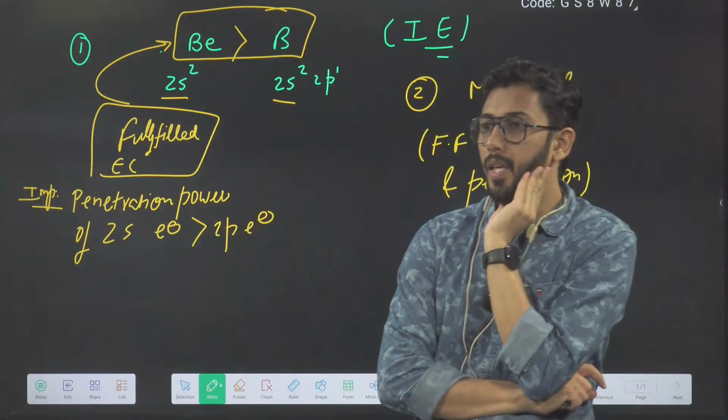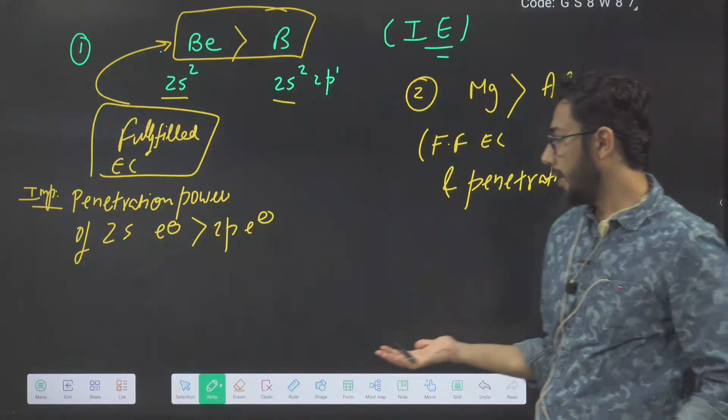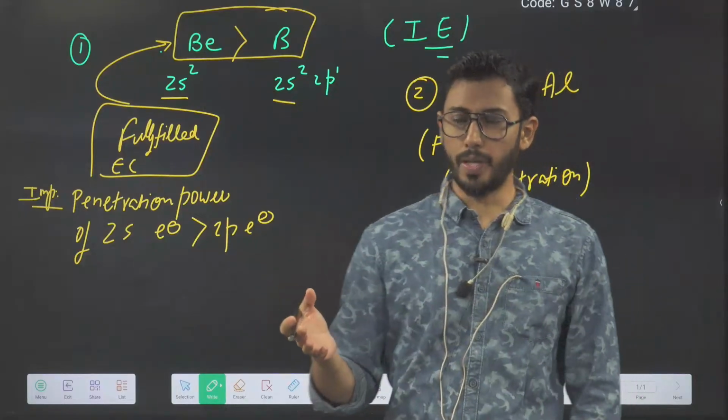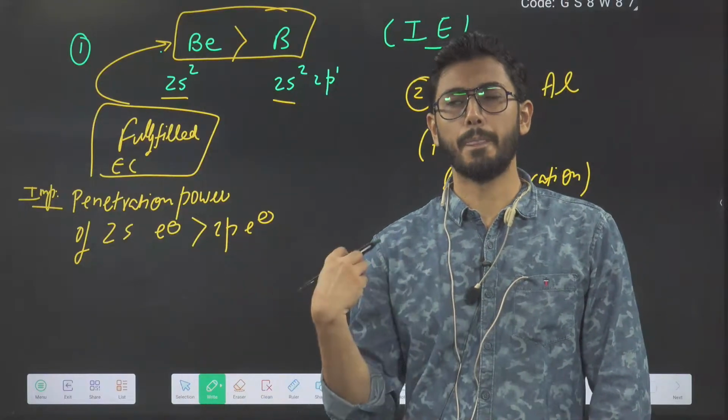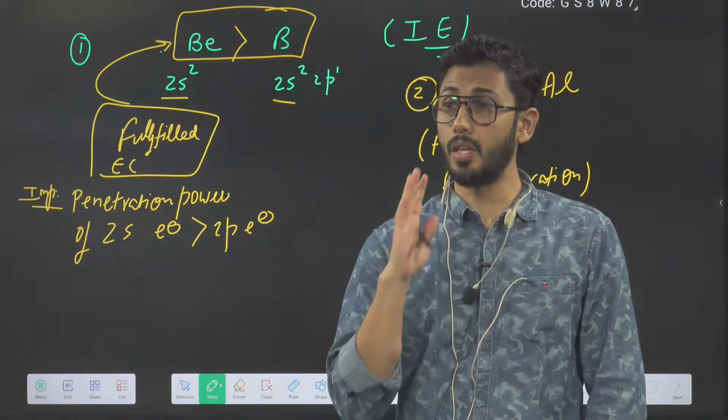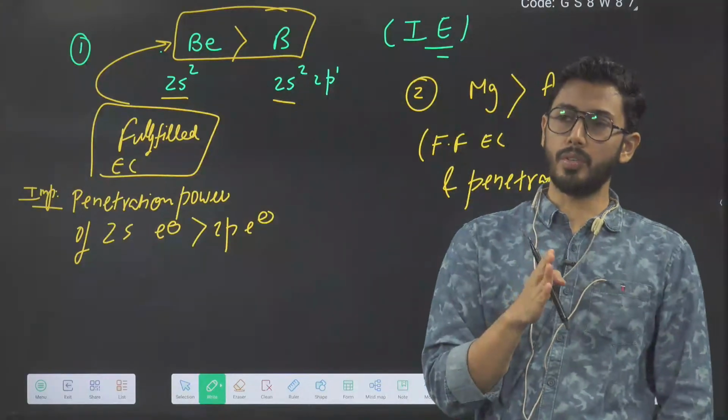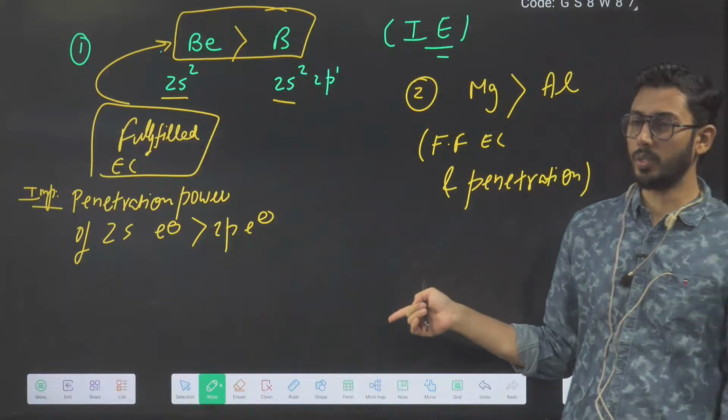Revise your notes 3 to 5 times, solve the module, solve PYQs before the test. Revise your test syllabus 7 to 8 times. That is your target for the weekend.